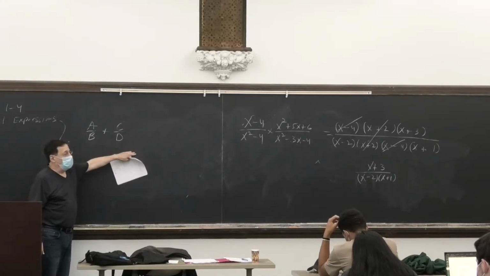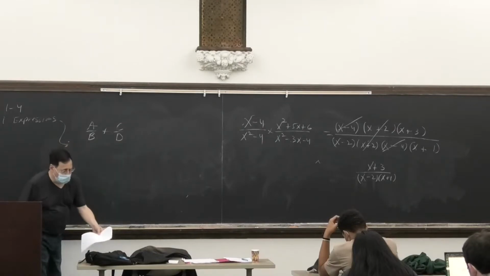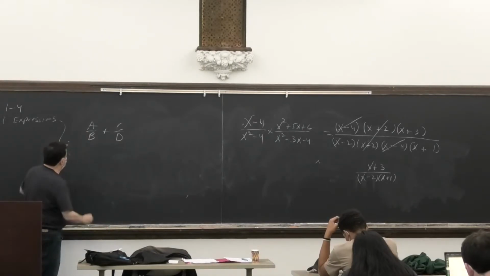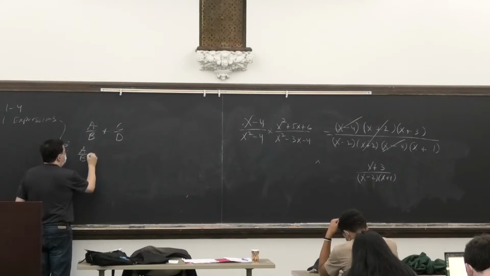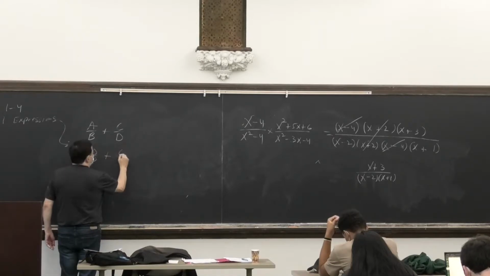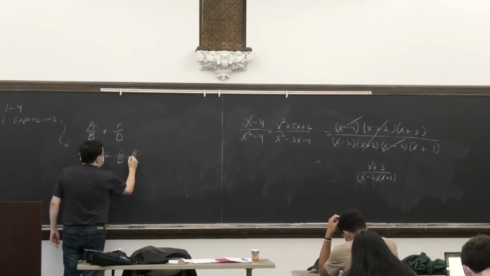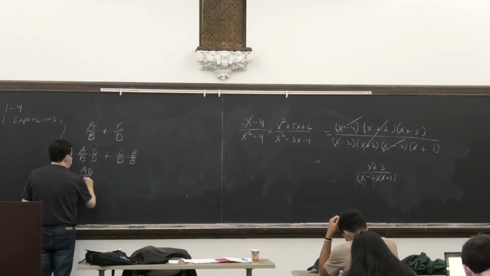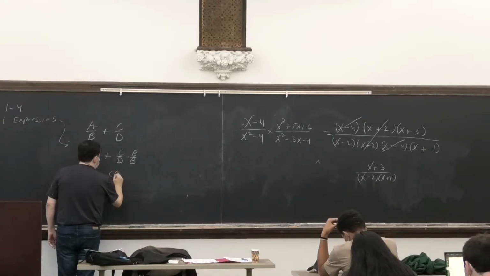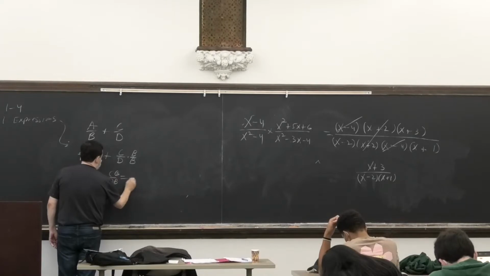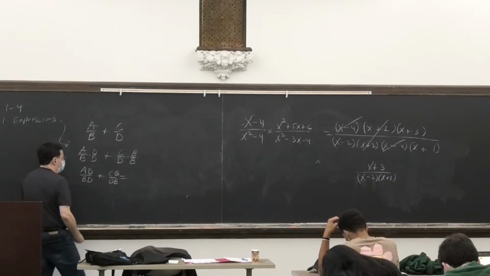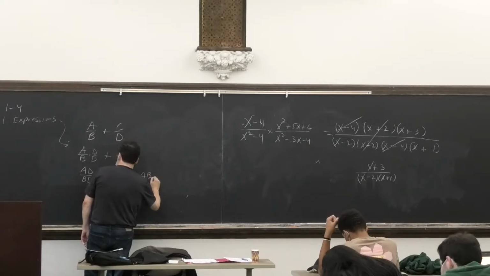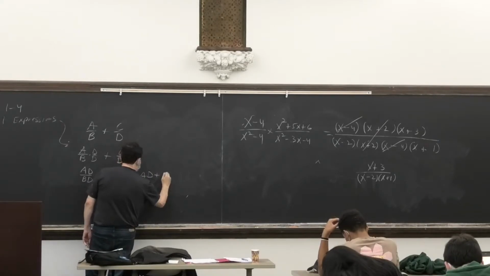Now, sometimes you can get away with something simpler than this, but you can always just say this is AB times D over D. That's 1 we're multiplying it by. And C over D times B over B, again 1. So we get AD over BD plus CB over DB. And now they have a common denominator, so it's just AD plus CB over BD.